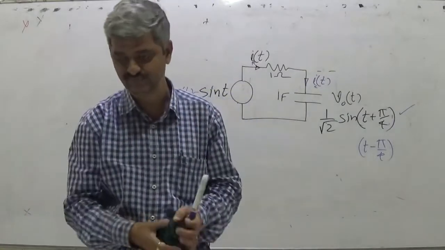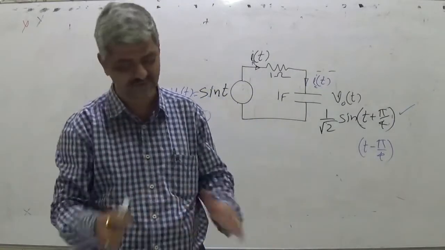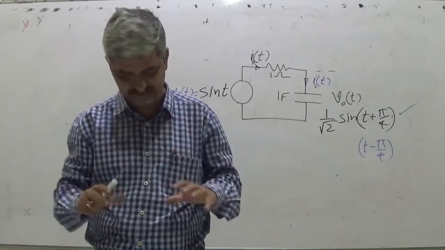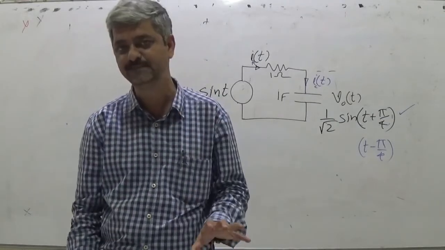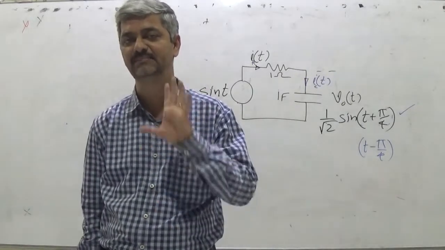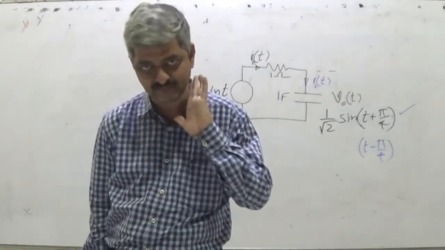Forget everything now. I will be giving you the simple ways to arrive at it. The purpose of today's session is to clearly tell you that we can find the answer by simple trigonometry.